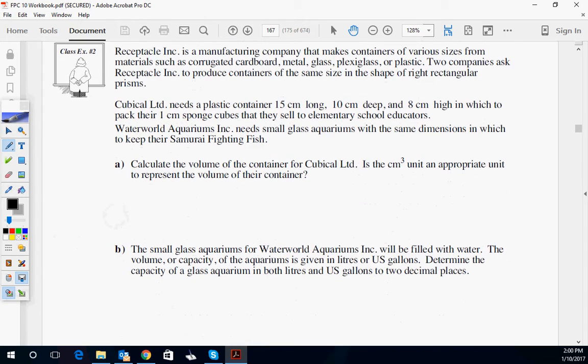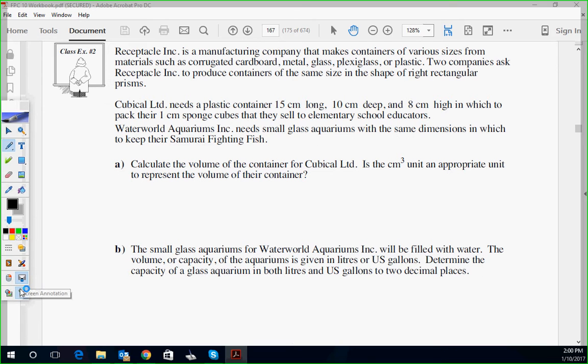So look at this question here. I think this is Receptacle Include. It's a manufacturing company that makes containers of various sizes from materials such as corrugated cardboard, metal, glass, plexiglass, or plastic. Two companies asked Receptacle Include to produce containers of the same size and shape, right rectangular prisms.